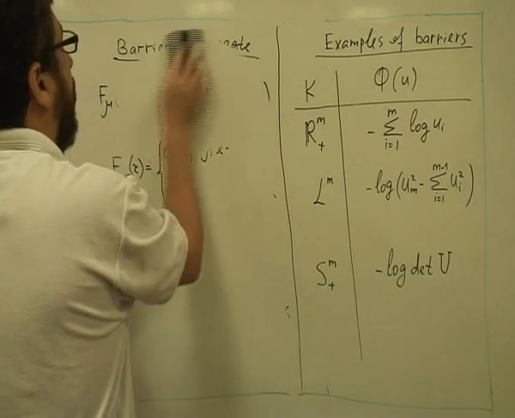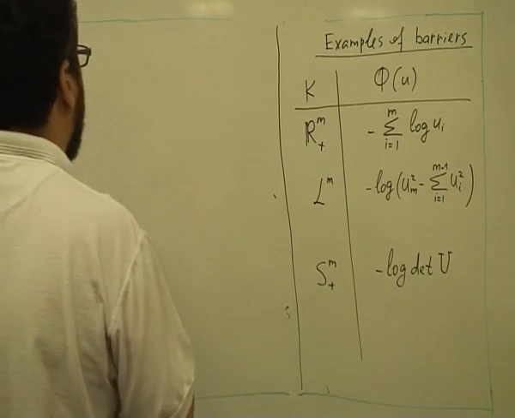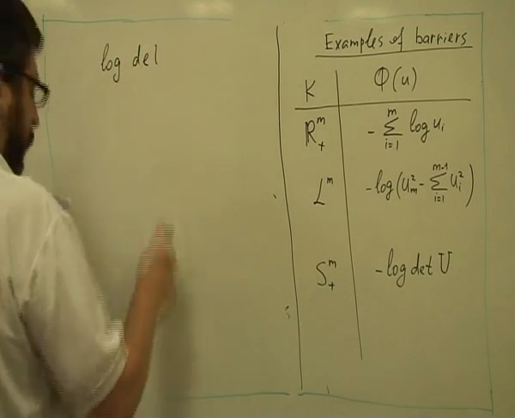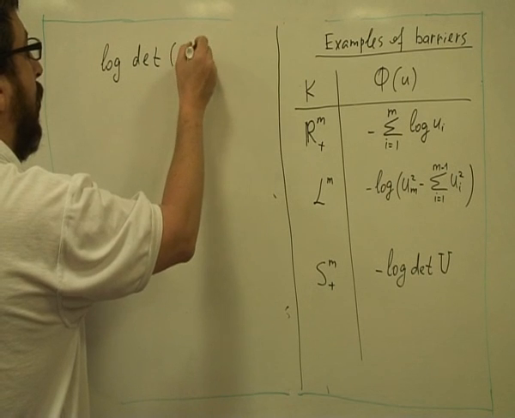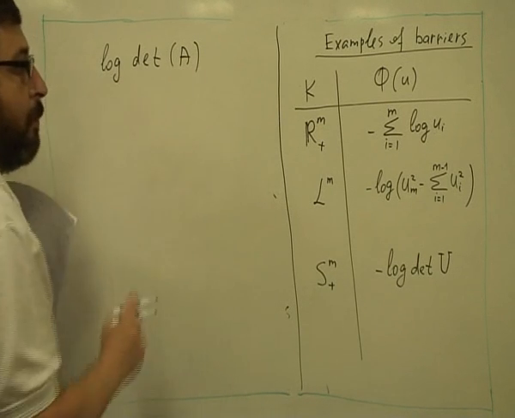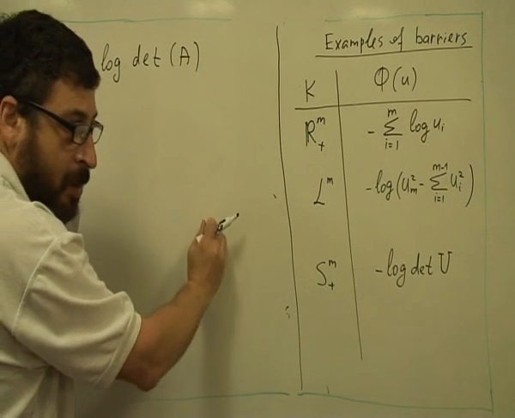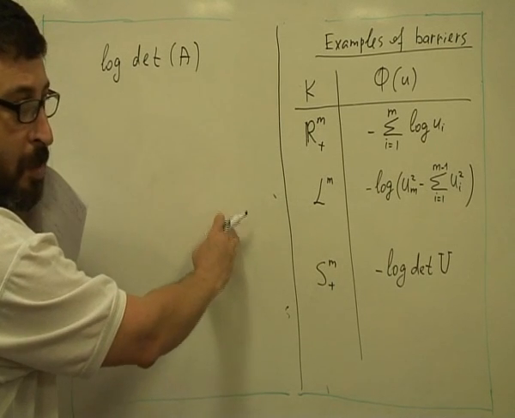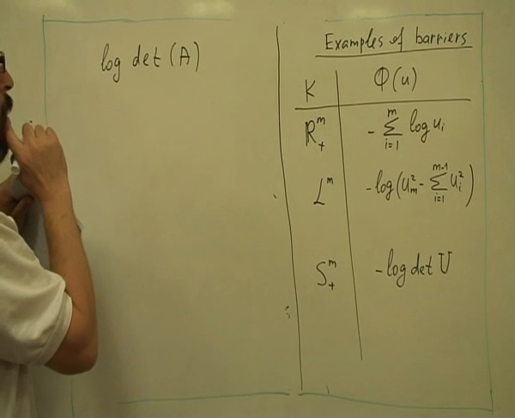Because actually, let's take some abstract matrix A, so log det of A. If you remember, probably, the determinant of a matrix is the same as the determinant of the diagonal matrix with eigenvalues on the diagonal.